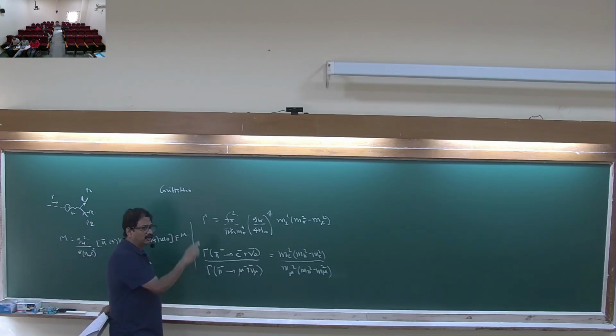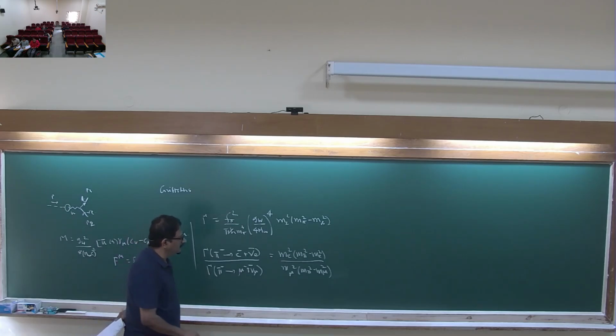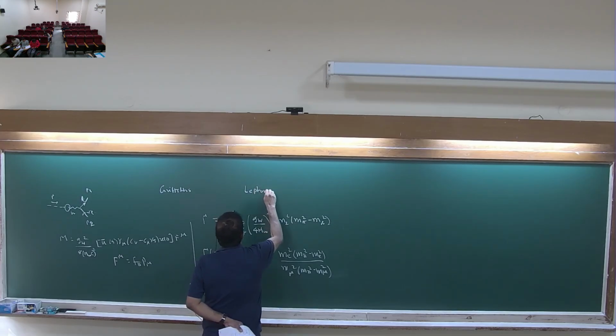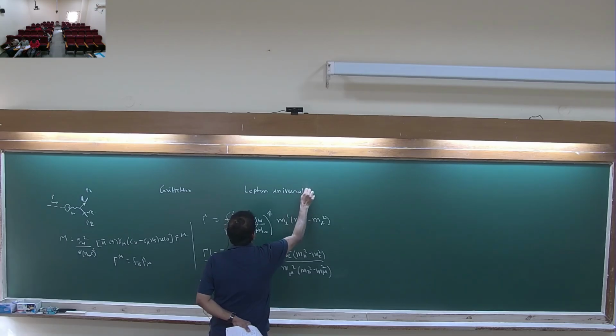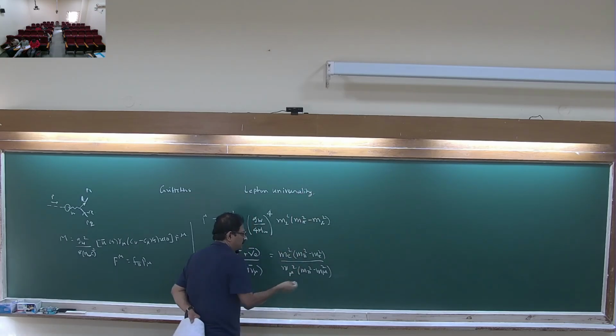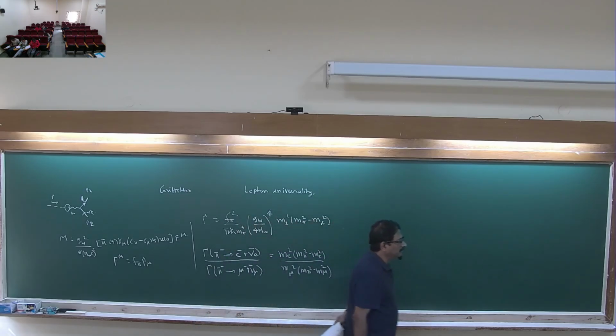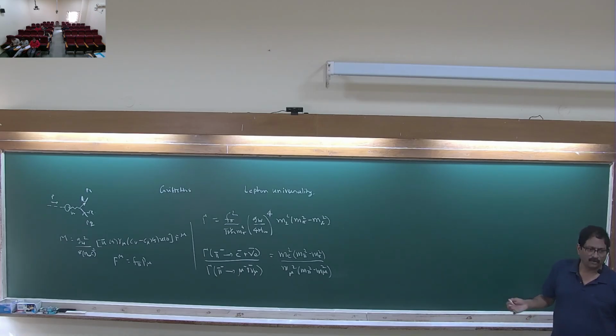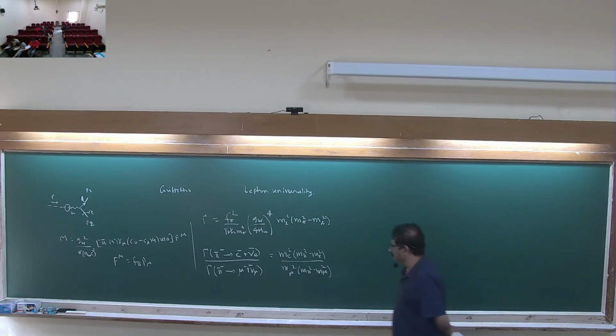So underlying this expression is the assumption of lepton universality. This is a feature of the standard model, but in principle, we can also test this experimentally. Is this really true or not? So an experiment like this PEN experiment is supposed to do these things. So somebody work this out and tell me what the answer is.